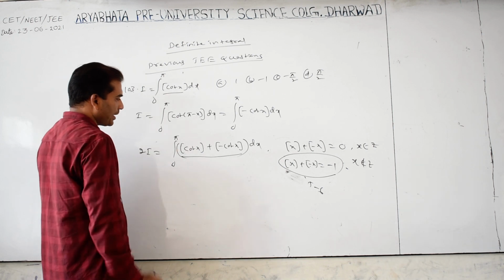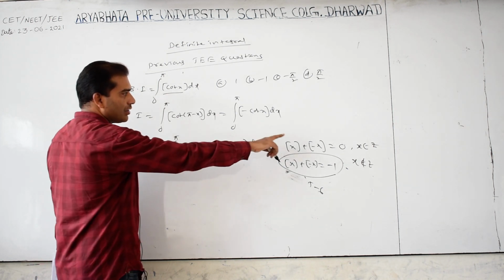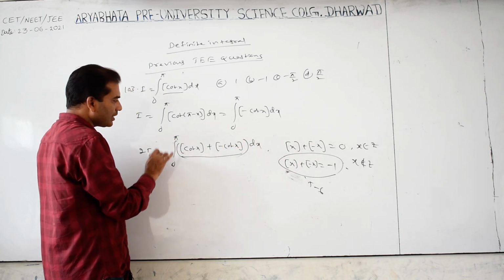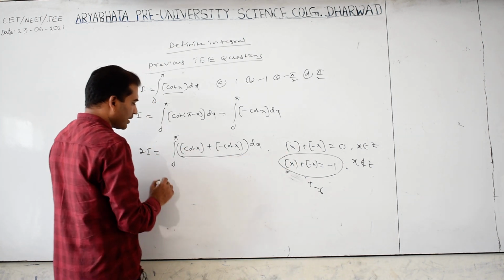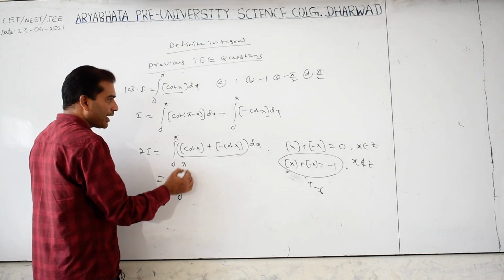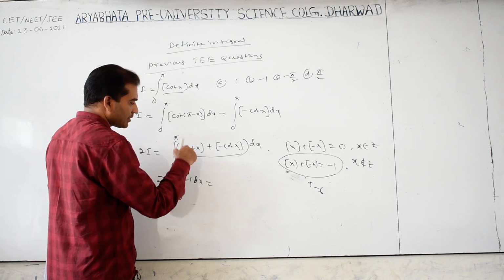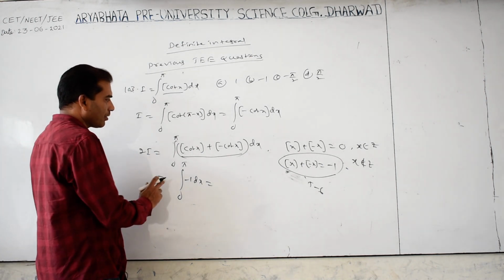In 0 to pi, at an integer the value is 0, and there are many non-integers, 0.1, 0.2, 0.3. In all these cases, this value is minus 1. So the integration from 0 to pi of minus 1 dx. Are you following? Got the point?